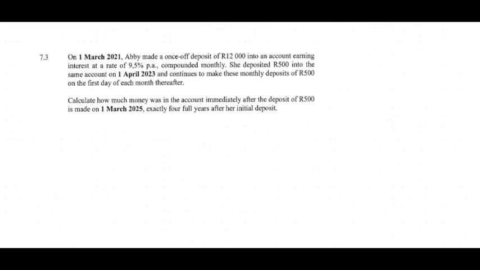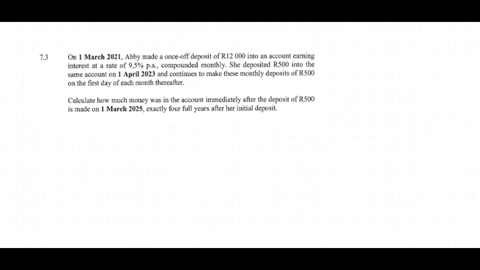Now, the 7.3 question is that on 1 March 2021, Abe made a once-off deposit of R12,000 into an account earning interest at the rate of 9.5% p.a., compounded monthly.